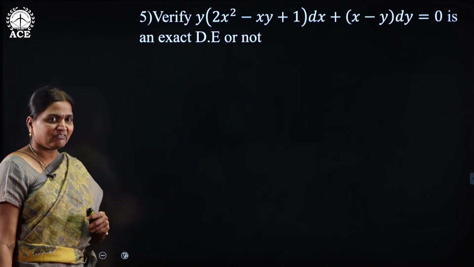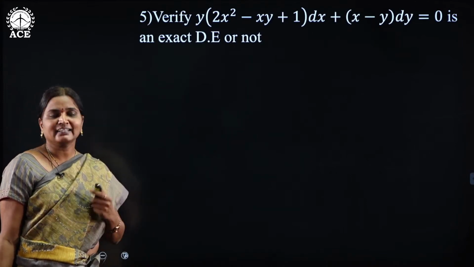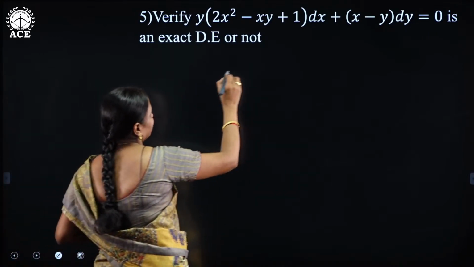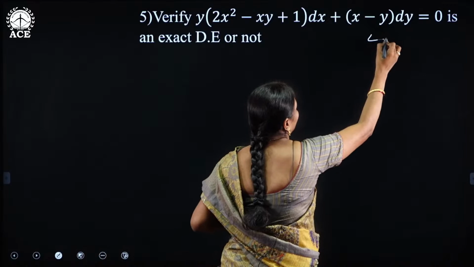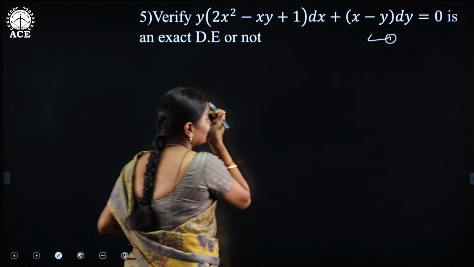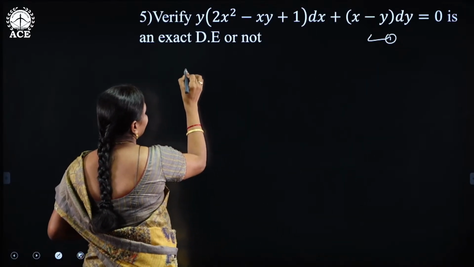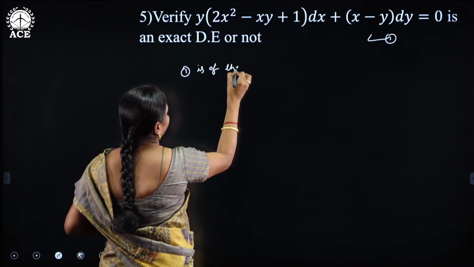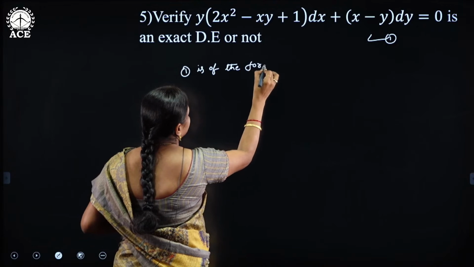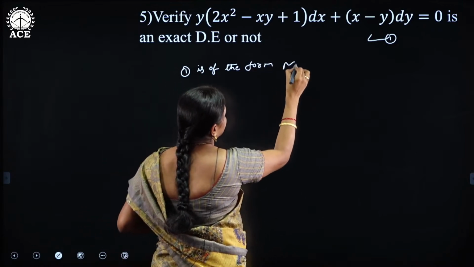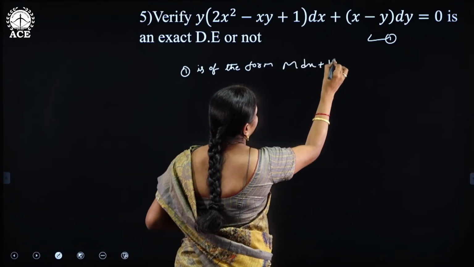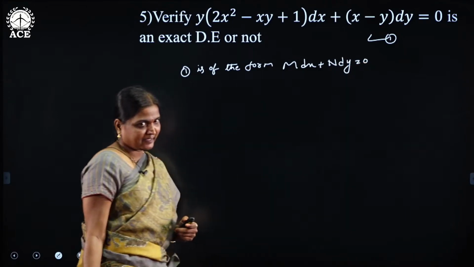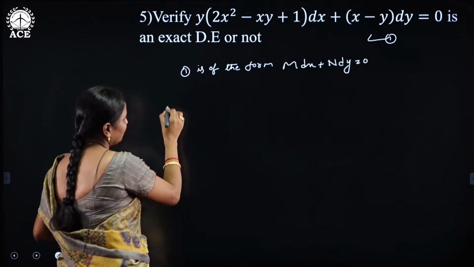To check whether the given differential equation is exact or not, first write the given differential equation in the standard form. So if we consider it as equation 1, compare equation 1 with the standard form. What is the standard form? Equation 1 is of the form m dx plus n dy is equal to 0. First compare the given differential equation with the standard form.